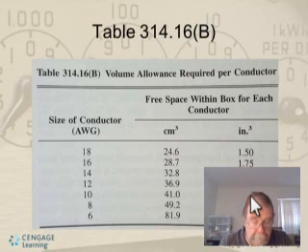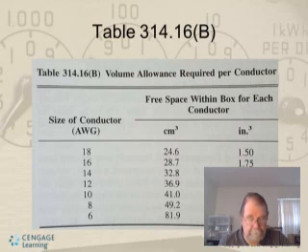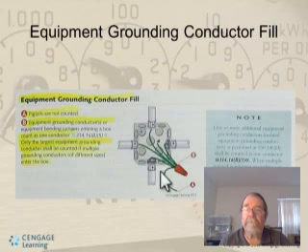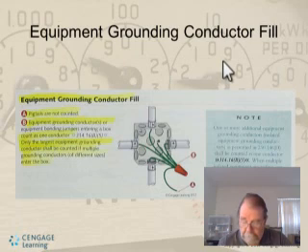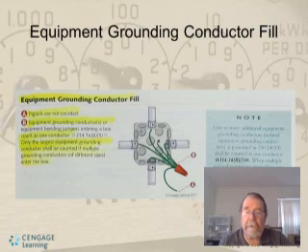If we're using 12 gauge, it's 2.25. And I think in the example we're using 2.25. So each conductor that we use in the box is 2.25. Now we're getting into different conductors and how we count them.